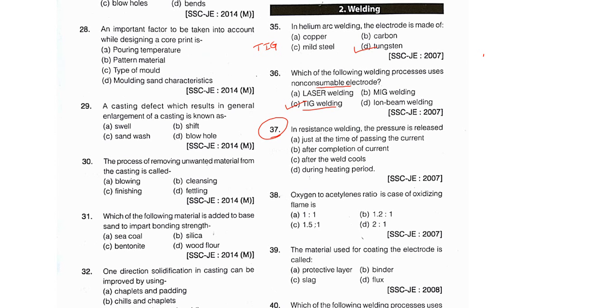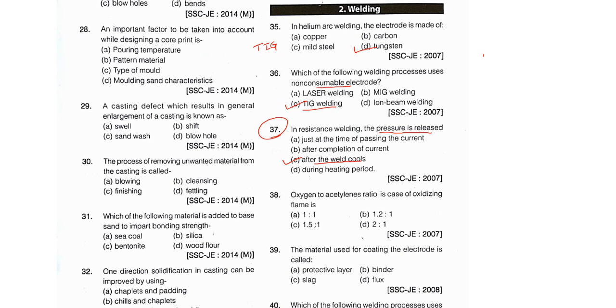In resistance welding, the joining of two sheets is accomplished by heating, by passing current through the electrodes, and after the current is switched off, pressure is applied to join the two sheets, while pressure is released only when the weld solidifies. This is how a resistance welding process is carried out. So what have they asked? They have asked about when the pressure is released. So the correct answer will be after the weld cools, after the weld solidifies.